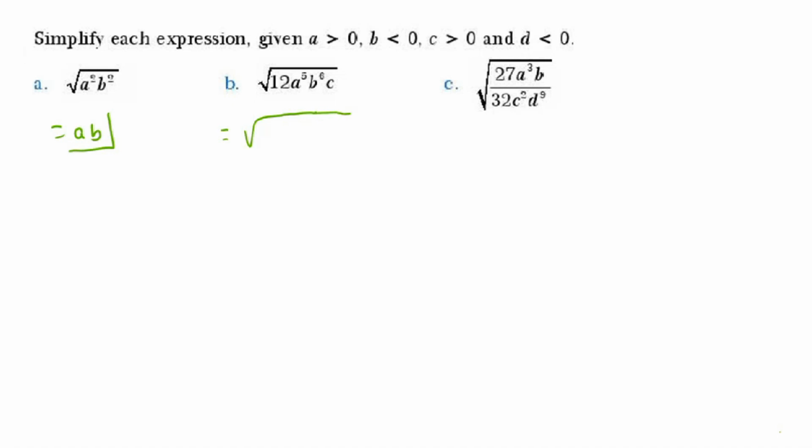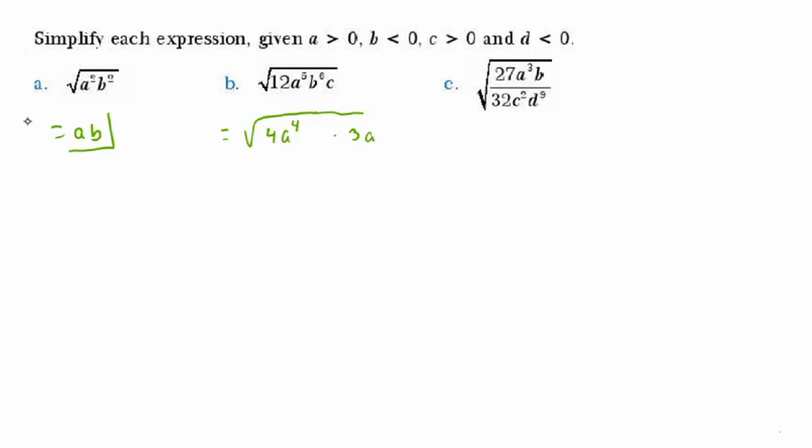The factors of 12 are 4 times 3. What are the factors of a raised to 5? The first one I write is the perfect square and the other is the non-perfect root. So a raised to 5 can be written as a raised to 4 and a, because a raised to 4 times a is a raised to 5.